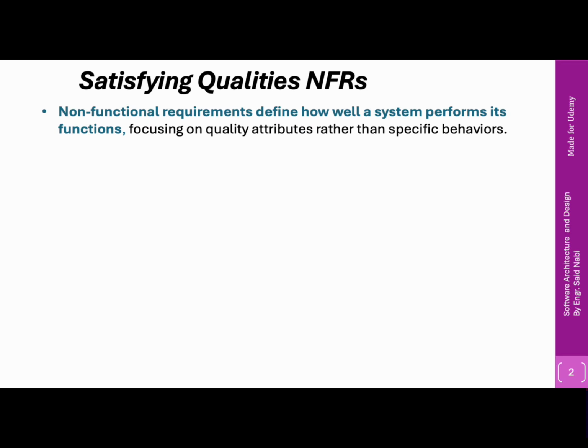As I already gave you an example of an online music streaming app, where the system should be used to play, download, or create a playlist, the non-functional requirements would be how fast the system runs, whether the system is secure or not, and how easy it is to use the system. So these are what we call non-functional requirements of a system, and these requirements are equally important as functional requirements.